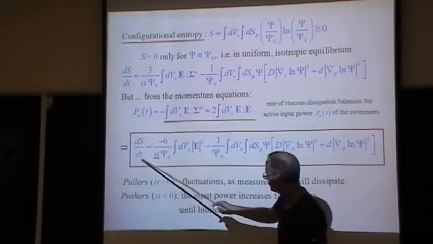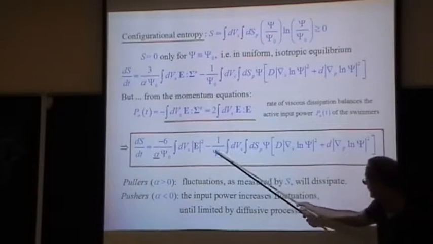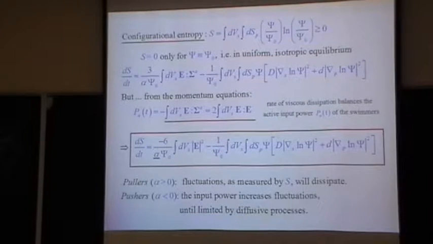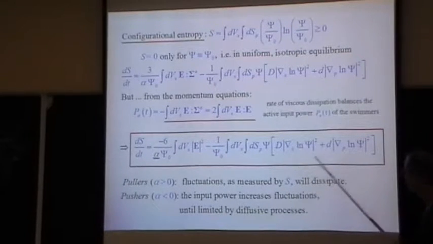If you look at the time derivative of this configurational entropy, it comes with 2 contributions. One is you reduce the size of fluctuations, and hence the size of the entropy, because of diffusive processes. Right? And these are these terms: my translational diffusion, my rotational diffusion. That draws down fluctuations.